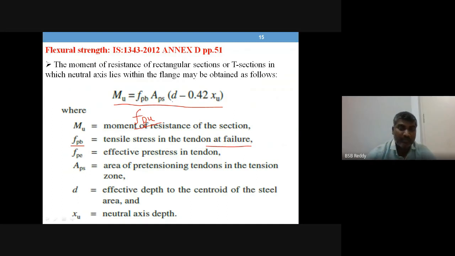So that is fpb into the area of prestressing steel, capital A, into d minus 0.42 xu, which is the value of Mu, the moment of resistance.